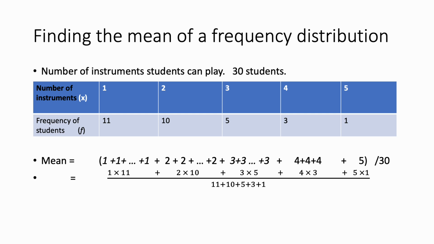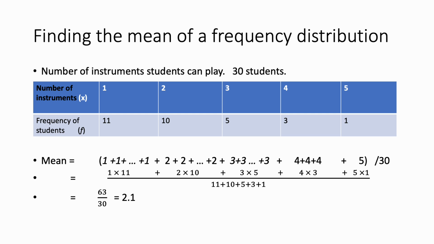And we divide it by the total number of data points, which is the sum of all the frequencies put together. Essentially, we multiplied each x, which appears in the first row of the table, with its frequency f, which appears in the second row of the table. Then we divide by the sum total of the frequencies. So essentially we are averaging the result. And so we get the mean value of 2.1.